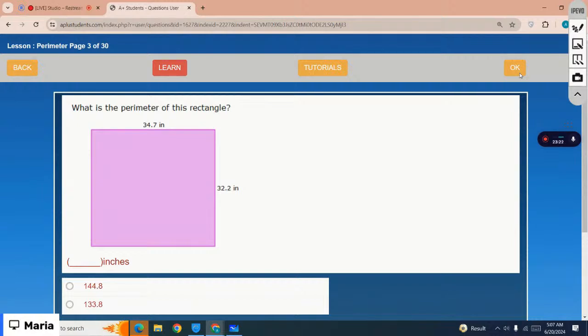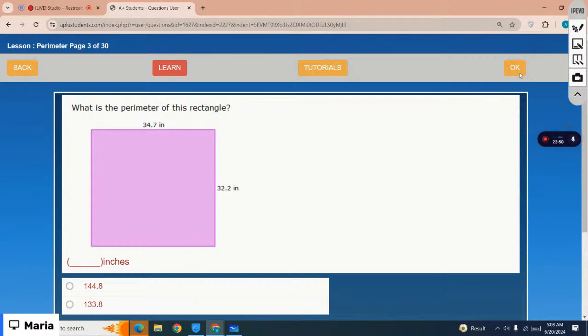What is the perimeter of this rectangle? So which is the correct option? So let's just add all the side lengths, right?